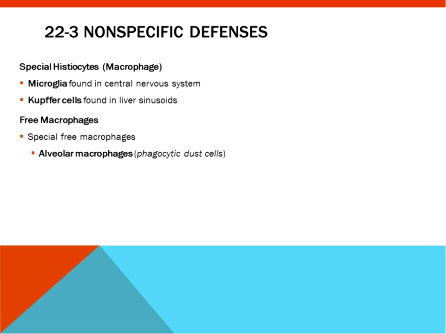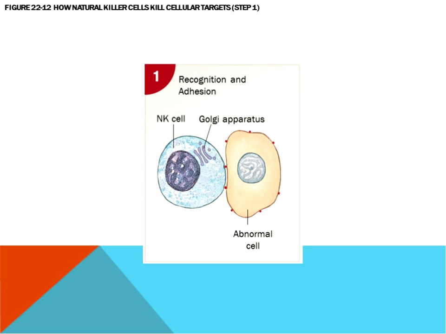We also have free macrophages, and free macrophages just kind of wander around and do their thing, and a special category of free macrophages are the alveolar macrophages, or what we call phagocytic dust cells, and these we find in your lung tissue, and we'll come back and talk about alveolar macrophages next chapter in respiratory again.